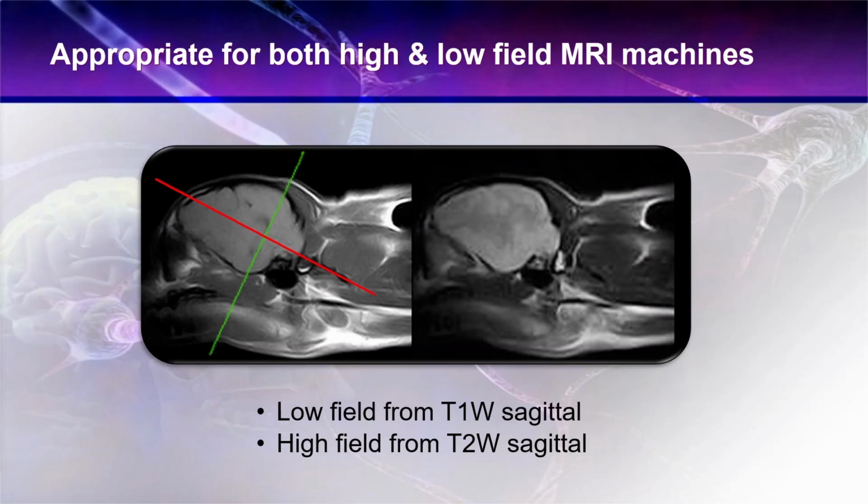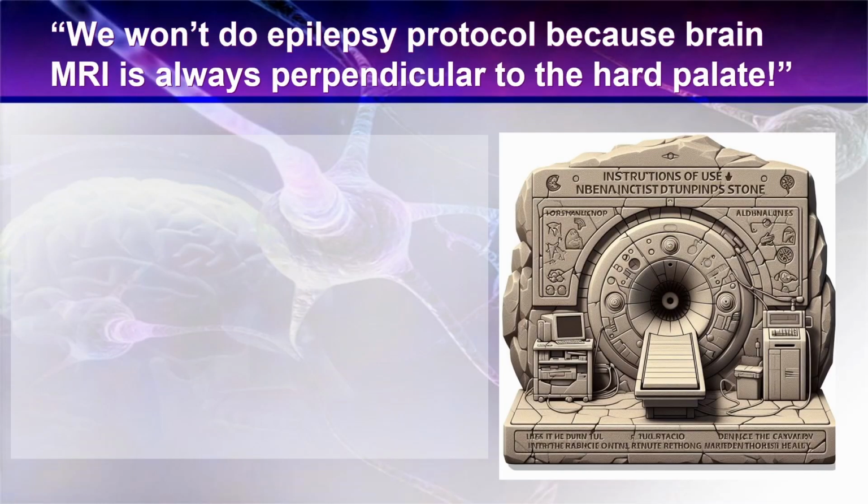Now there is surprisingly, or maybe not surprisingly, a little bit of opposition to doing this, mainly from radiologists. Not neurologists. And they will say, we won't do the epilepsy protocol because the brain MRI is always perpendicular to the hard palate. That is set in stone.